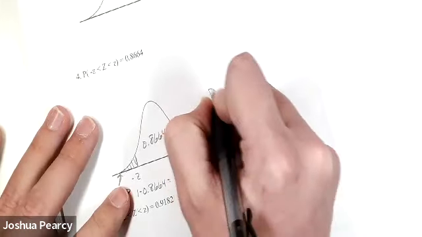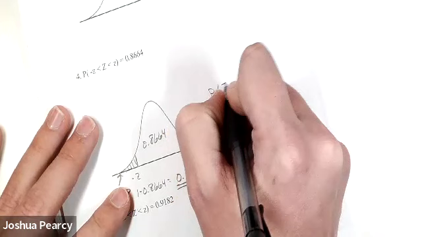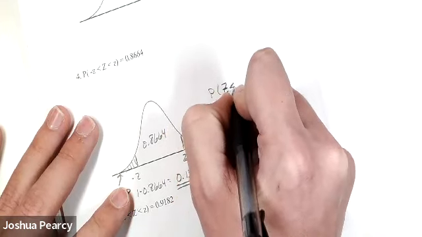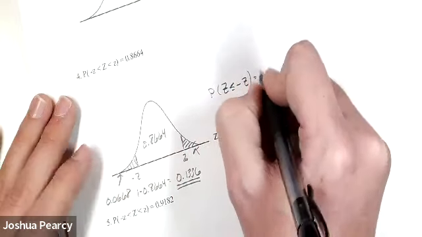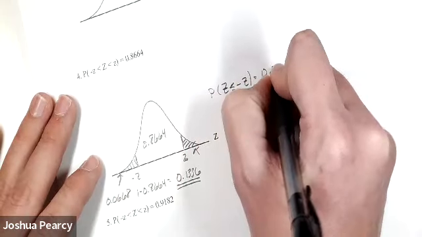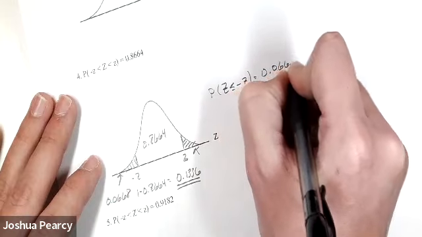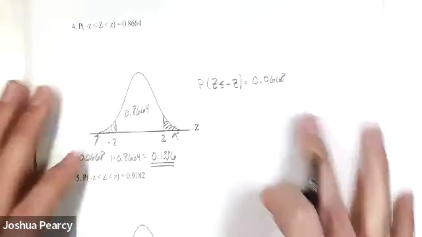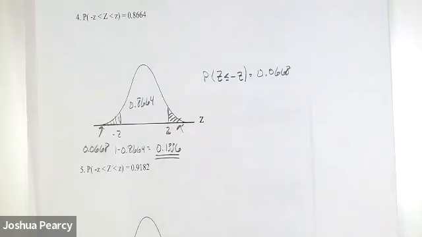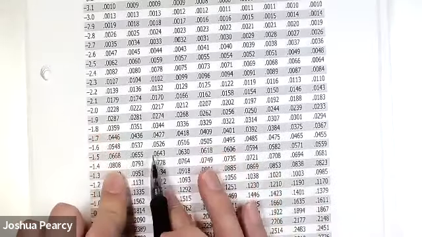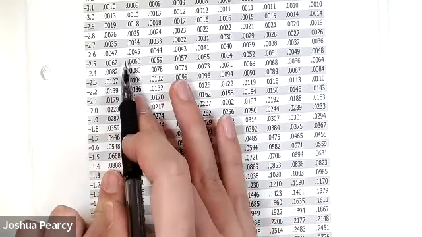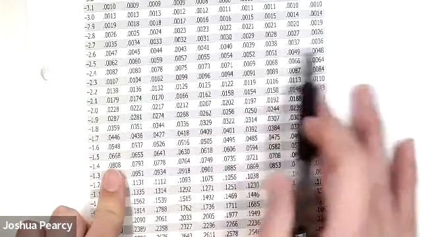Then I can just look for that. So the probability of getting a z-score less than or equal to this negative z value is equal to 0.0668. If I look for that in the table, I should be able to find it. Where's that?